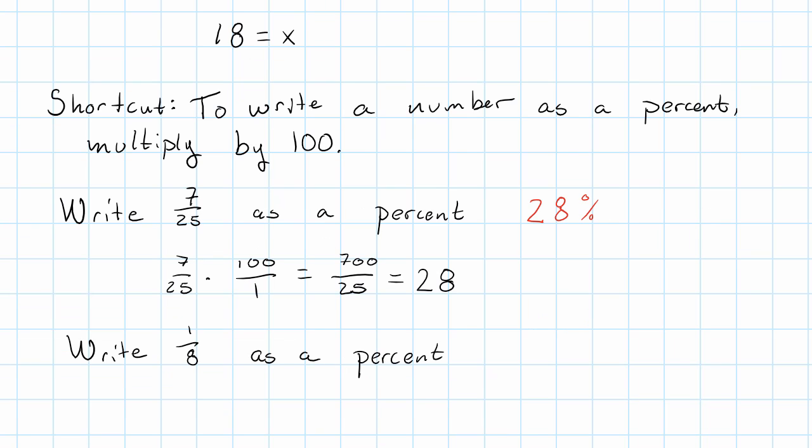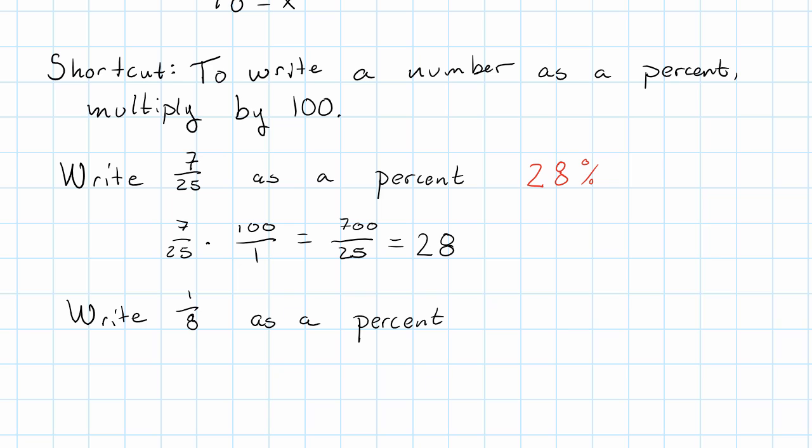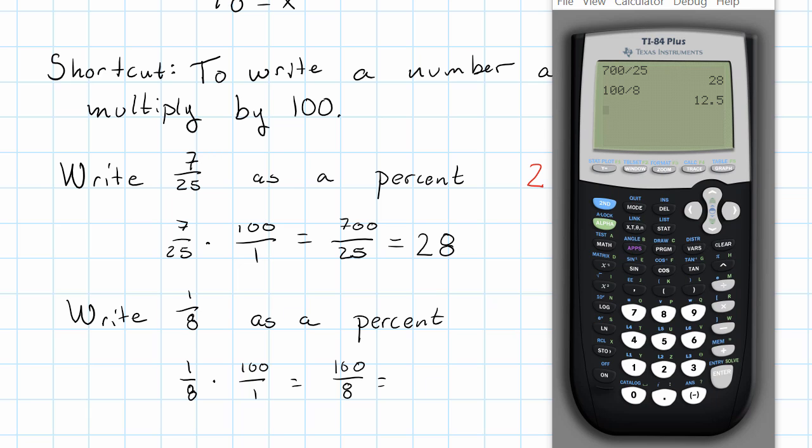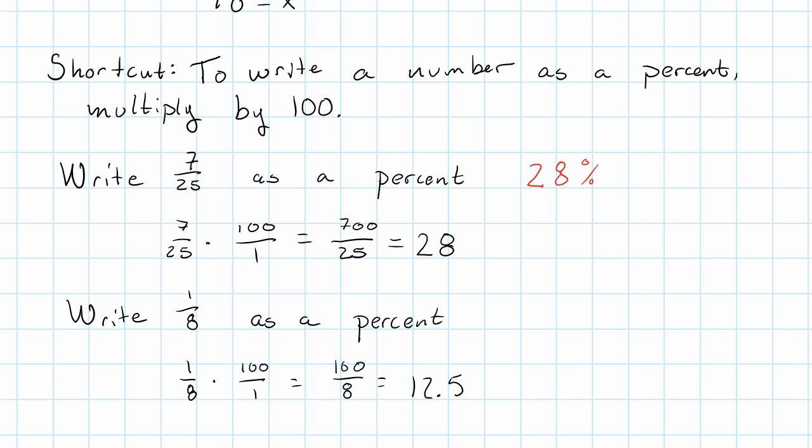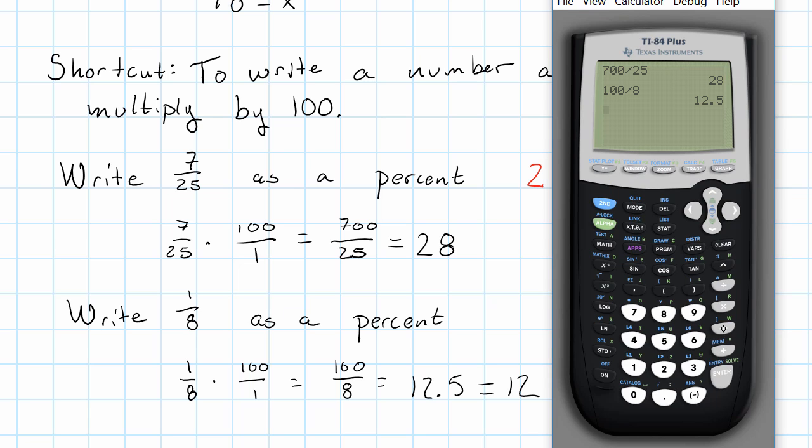One thing to be aware of, let's say we go to write 1/8 as a percent. So we'll say 1/8 times 100 is 100/8. When we put that into the calculator, we get 12.5. Now we can leave that as a decimal, or we can convert that to a mixed number.